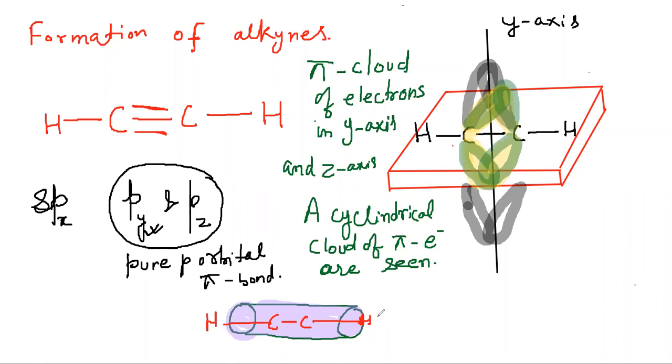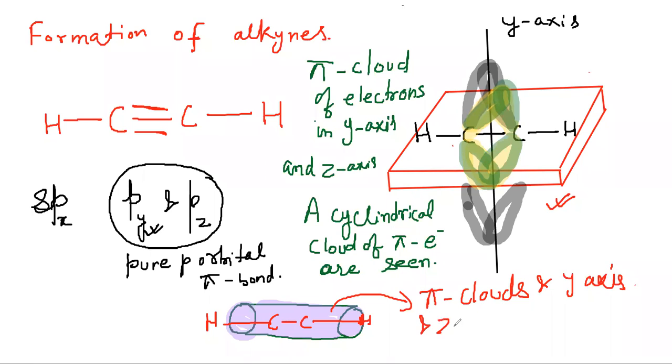So in this way alkynes are formed. Its orbital picture will be this one. This can be drawn even more clearly. The pi clouds in the y axis and z axis form a cylinder-like shape.